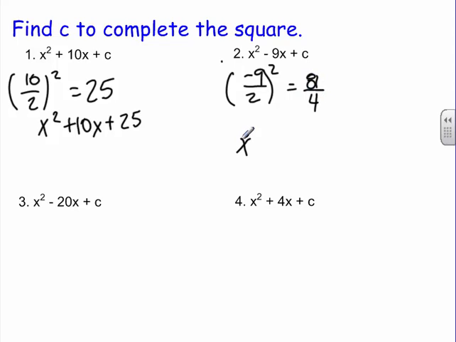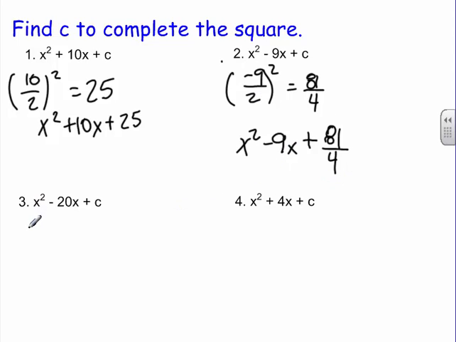You've got to be comfortable with that. Whenever you have an odd number as b, you're going to end up with a fraction. So what is this in factored form? Again, what are my factors of 81 over 4 that add together to give me negative 9? It would be negative 9 halves. So x minus 9 halves, x minus 9 halves.